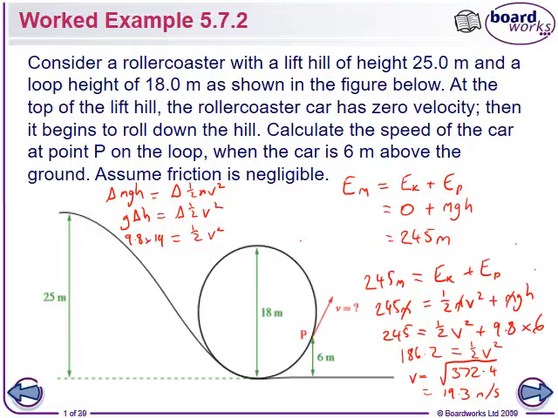So if you work this all out, we should get the same thing. 9.8 times 19, times 2. If we don't get the same thing, I'll feel really embarrassed. And yeah, we will. We'll get v is equal to the square root of 372.4, which is exactly what we got over the other side down here.